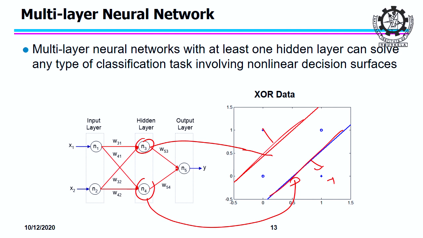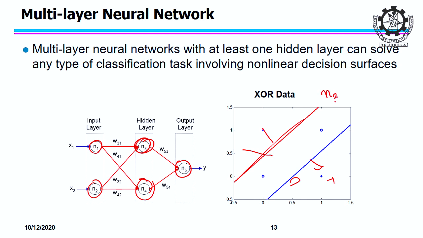Now, I want your attention on a few things here. Suppose we have a node n 1 here, a node n 2, and then n 3, n 4 and so on, and then n 5. Now, if you carefully see the weights, there is a weight for n 3. How do you write n 3?